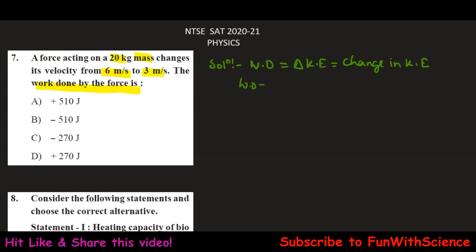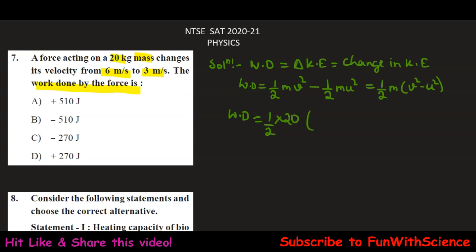We can write work done is equal to half m v square, where v is final velocity, minus half m u square, where u is the initial velocity. Combining these two, I can write half m (v square minus u square). From the question, the mass is given as 20 kg, so we will write 20 times v square.